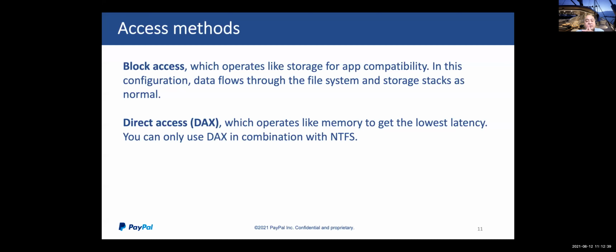It's called direct access, which operates like memory to get the lowest latency. But then we have to use DAX in combination with the NTFS file system. Now, the reason why we can use this is because Aerospike has a tight collaboration with Intel, and they actually programmed their software to use this direct access method.